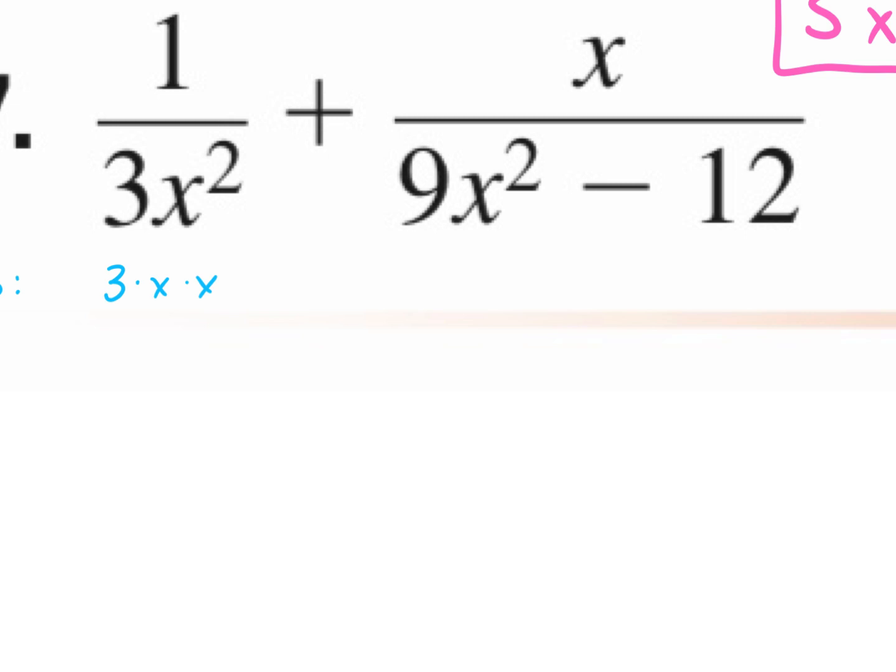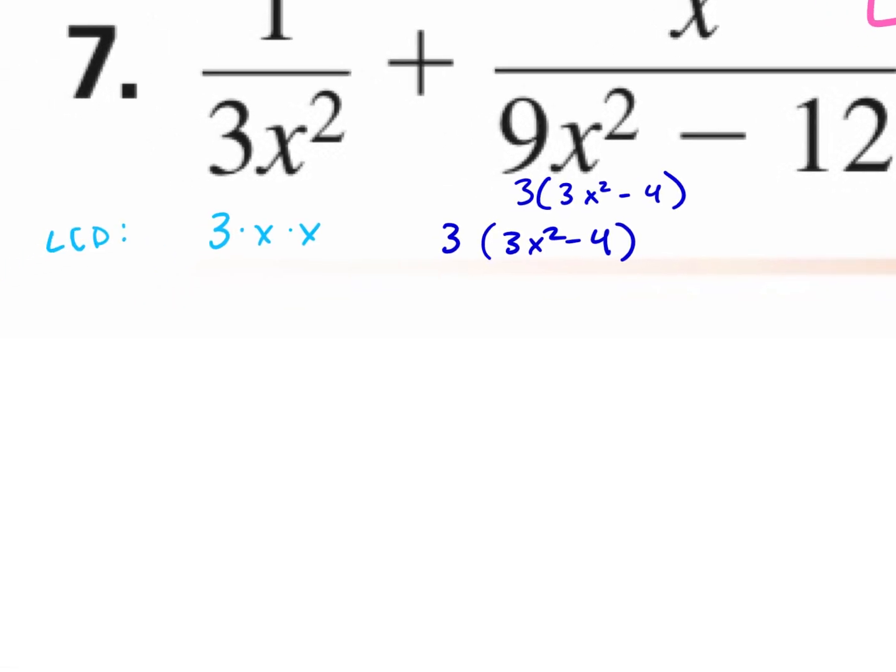Take out the GCF, which is 3, and we're left with 3x squared minus 4. Can I factor 3x squared minus 4? No. Because 3 is not a perfect square. So my factors here are just 3 and 3x squared minus 4.